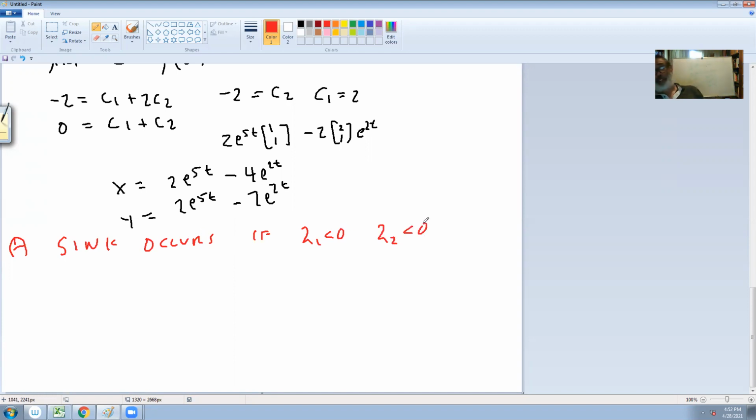And basically the type of curves are kind of the same. It's just that you're reversing the arrows. That's really it. So I'll let you think about the sinks on your own. What I'd like to do now is go to a saddle point. So let's talk about saddles.